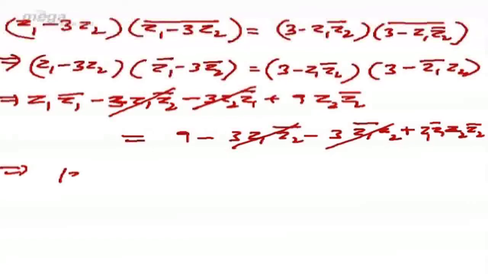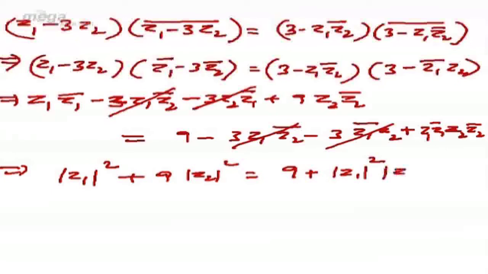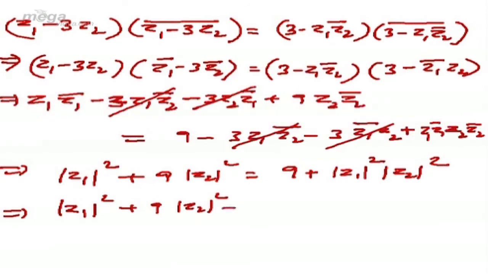These terms will cancel out. So this will become mod of z1 square plus 9 mod of z2 square is equal to 9 plus mod of z1 square into mod of z2 square.